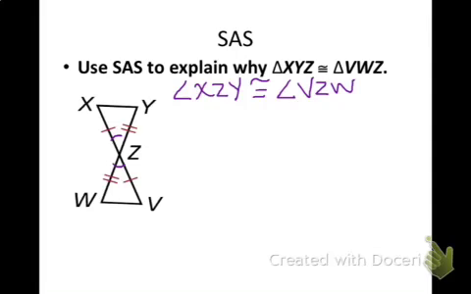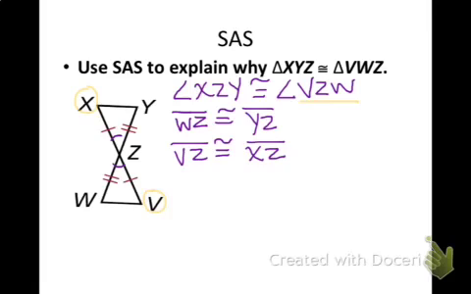Now the reason why I put the second one in that order is because V is corresponding to the X. Why? Because they have the same amount of tick marks. They have the same line length. So that's why I put it in that particular order. Alright, so now that we have identified the angle that's congruent, it's in the middle in between these two lines that we know are congruent.